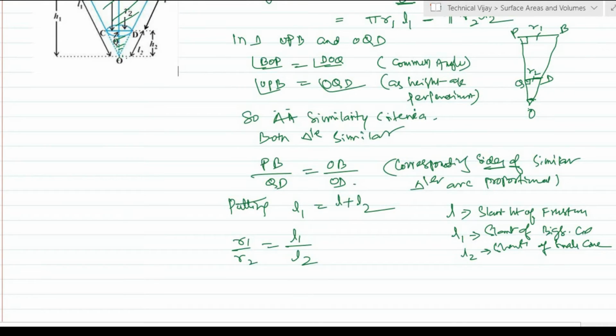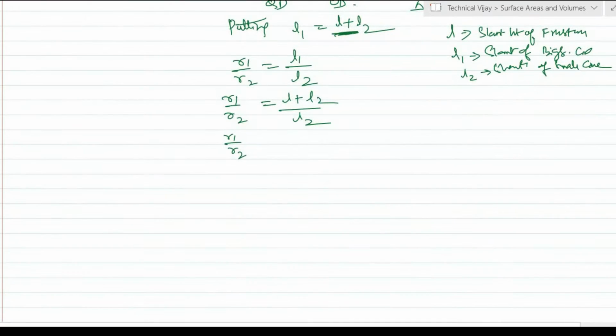Now putting L1 equal to L plus L2, R1 by R2 is equal to L plus L2 divided by L2, which is L by L2 plus L2 by L2. This cancels, so R1 by R2 is equal to 1 plus L by L2. L2 is equal to, so we have to calculate this LCM.